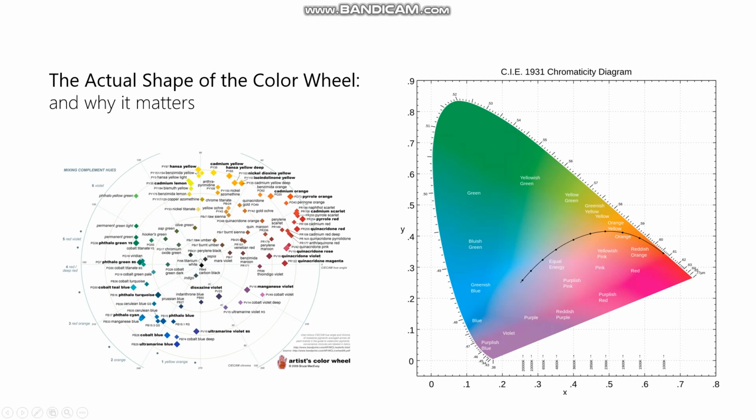And there are a couple of things that you might notice about this. One of the things you might notice is that the lightest color is not yellow, it's actually green, right? And then another thing you might notice is that there's a whole lot of space.